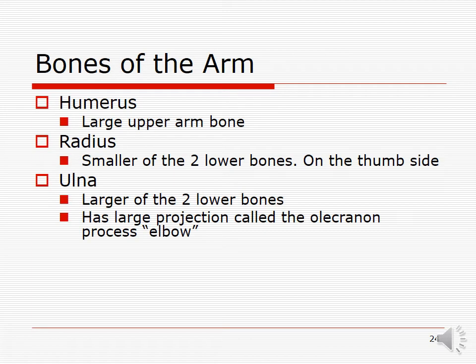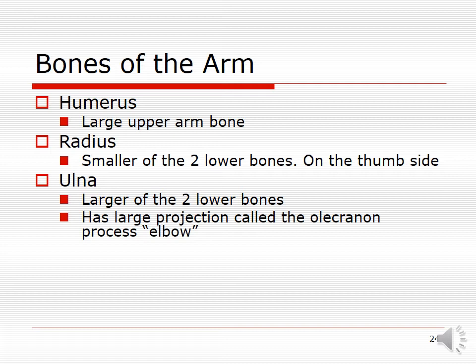Next, we have the bones of the arm. So the bones of the arm, you have the humerus, radius, and ulna. And the humerus is going to be that large upper arm bone. Whereas the radius and the ulna, those are the 2 smaller bones in the forearm.